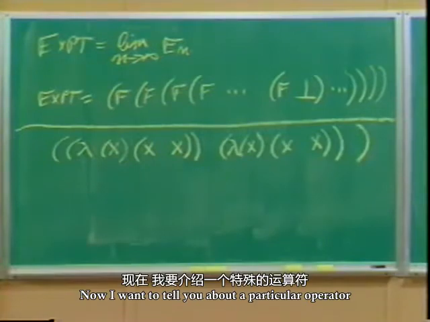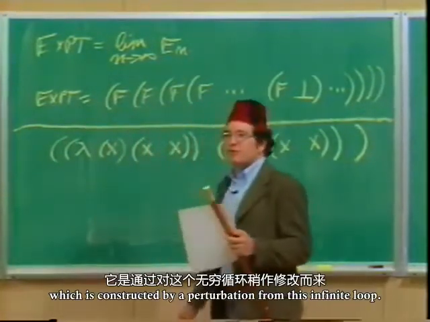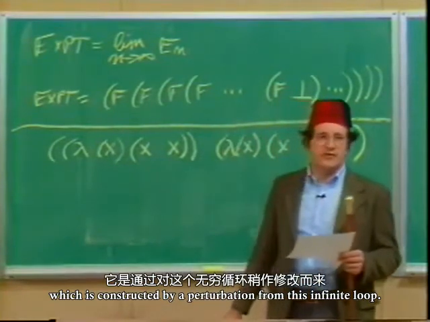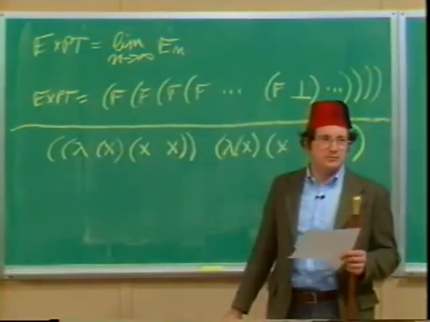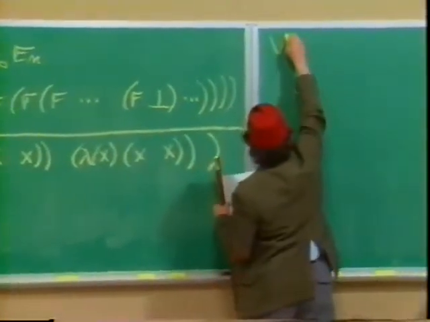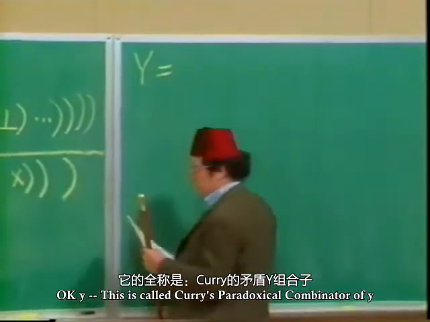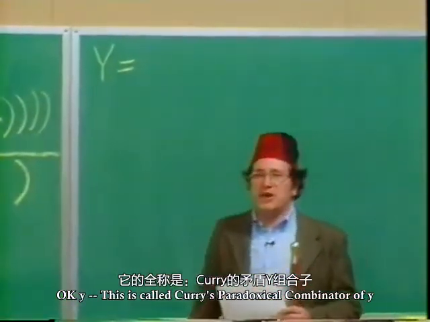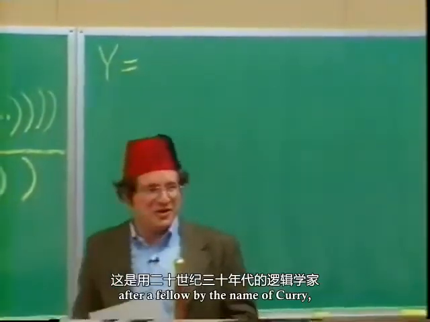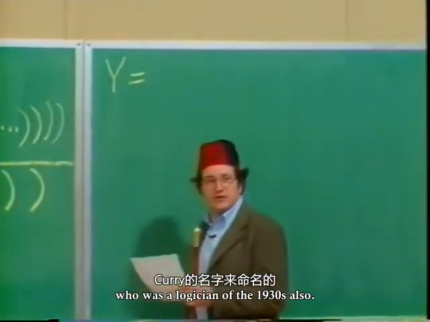Now I want to tell you about a particular operator which is constructed by a perturbation from this infinite loop. I'll call it y. This is called Curry's paradoxical combinator, y, after a fellow by the name of Curry, who was a logician of the 1930s also.